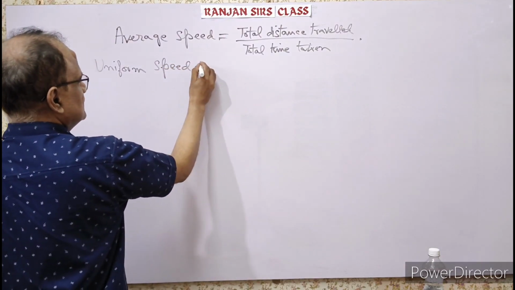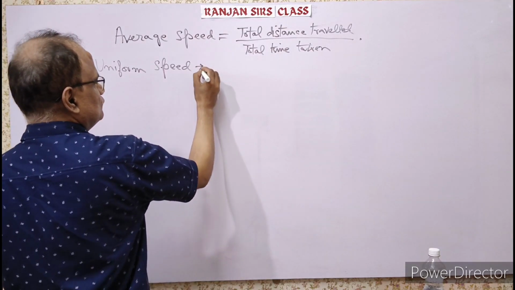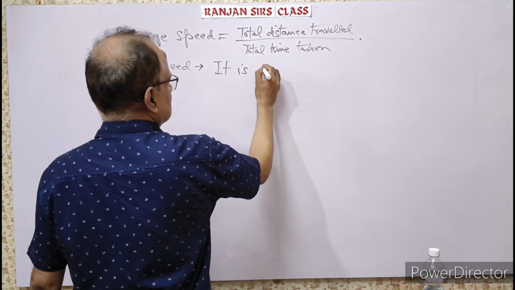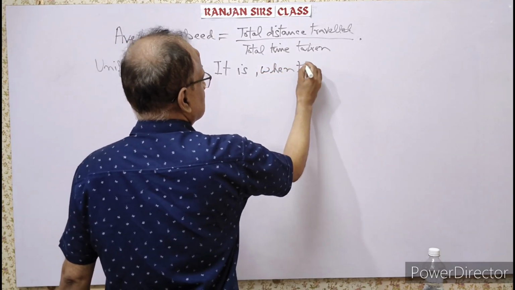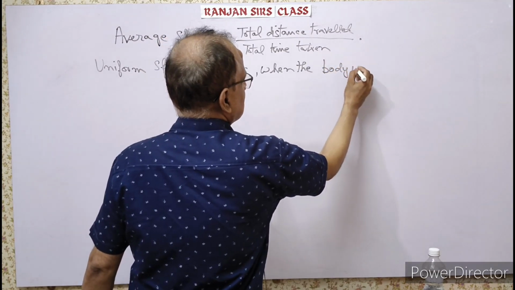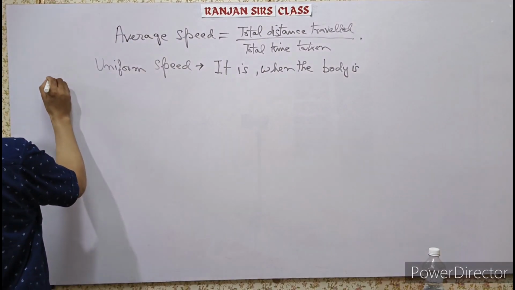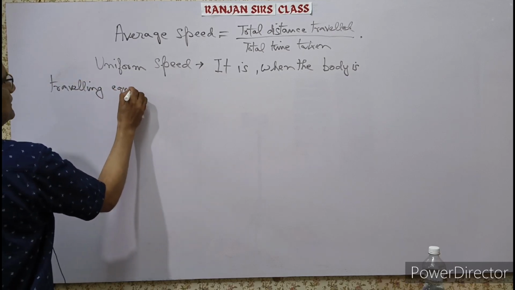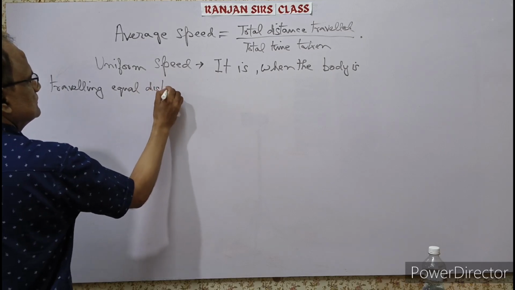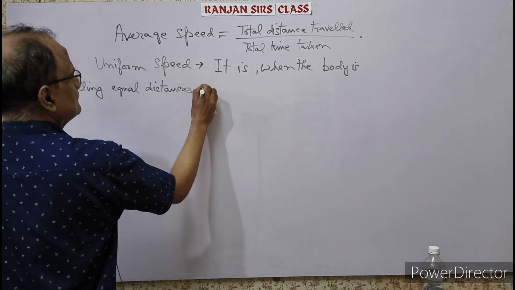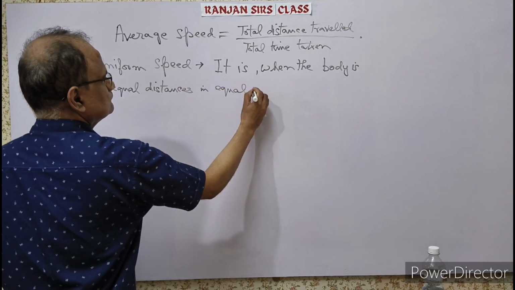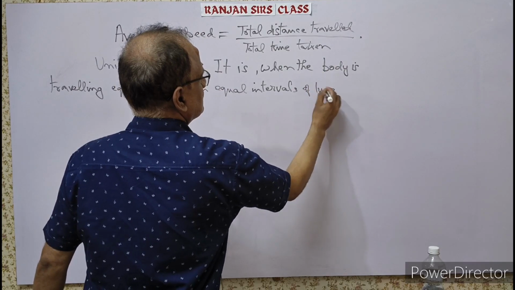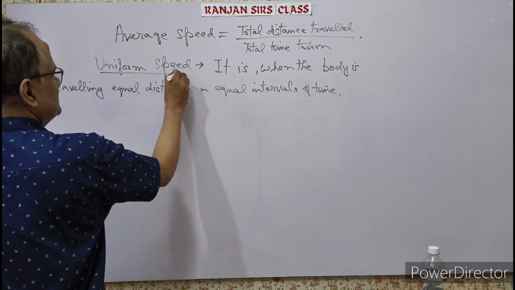Write down, uniform speed is when the body is traveling equal distances in equal intervals of time. Okay, that is uniform speed.